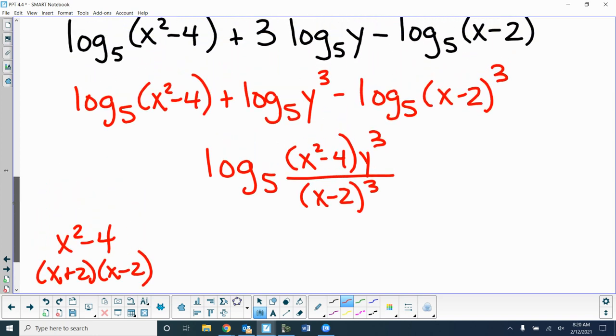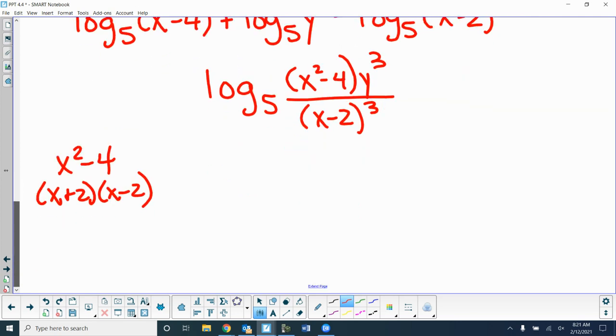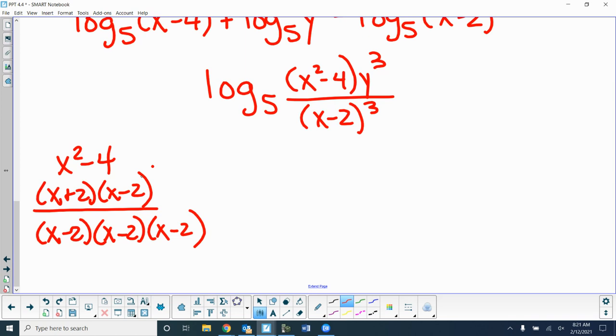Okay. So, this x minus 2 here, I could cancel with one of these x minus 2's because there's 3 of them. All right? So, if I've got x minus 2 cubed means this, right? If I factored it. So I could do this. So I could simplify that fraction.